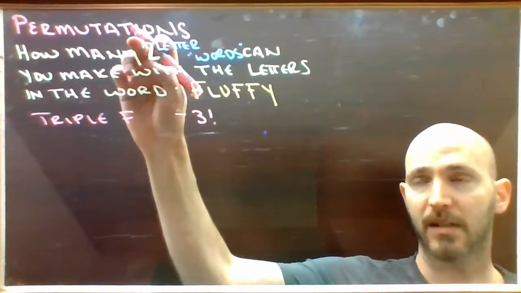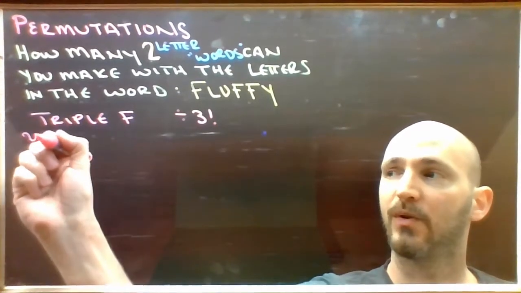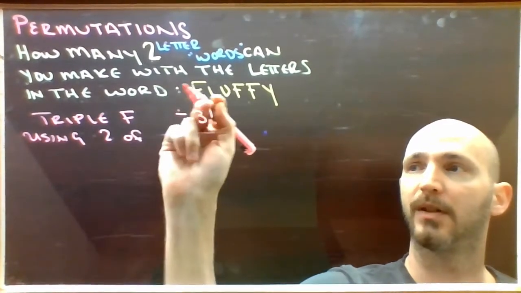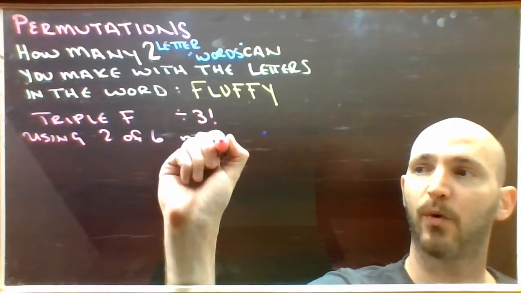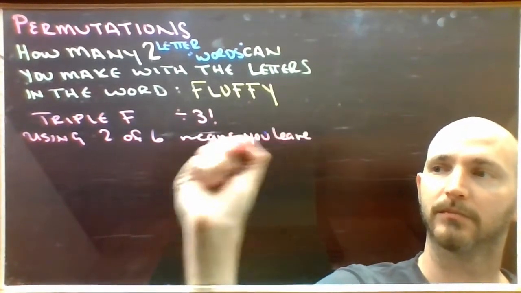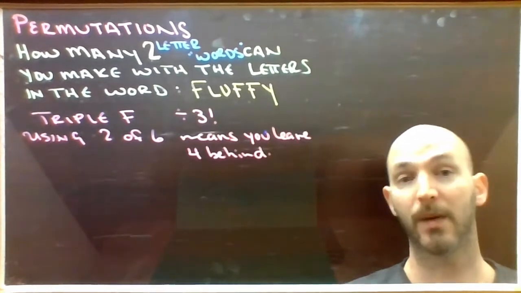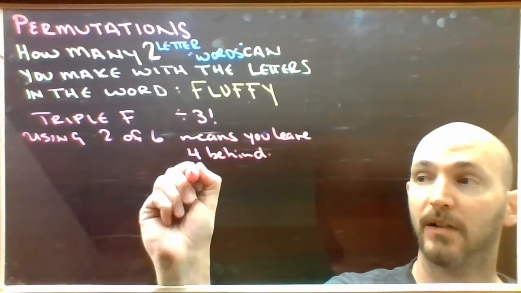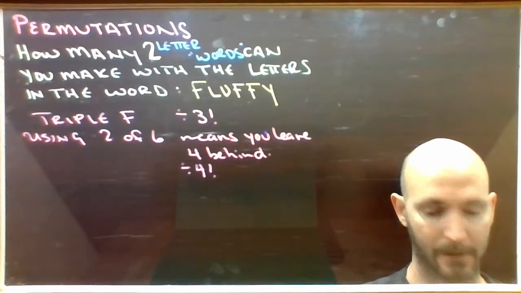Now this condition here, that we're only making 2-letter words, well, using 2 of 1, 2, 3, 4, 5, 6 means you leave 4 behind. So we did examples like that. It just meant you had to divide by 4 factorial to throw away the ones that you were leaving behind.